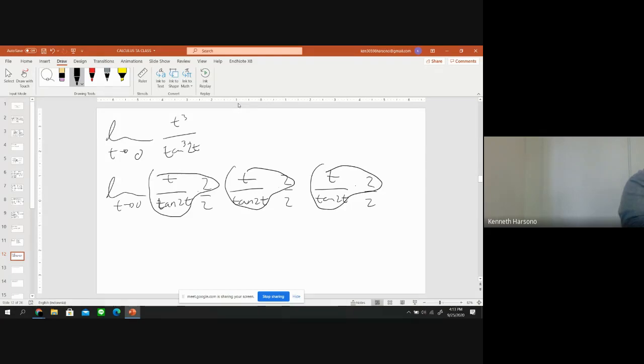So basically, the limit is just 1/2 times 1/2 times 1/2, which is 1 over 8. Just like this. Okay, is it clear?